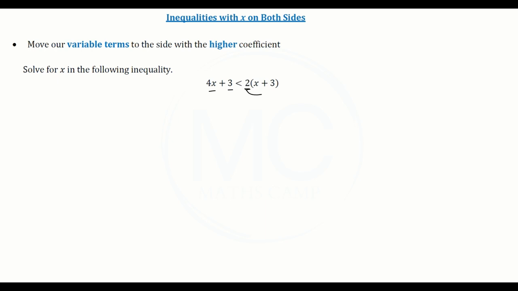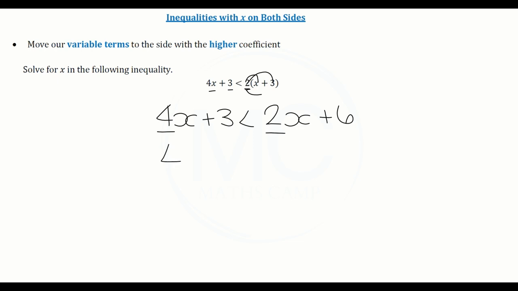So on the left, we have 4x plus 3 is smaller than 2 multiplied by x, which is 2x, and 2 multiplied by 3 is positive 6. Now we have a coefficient of 4 and a coefficient of 2. 4 is the higher value, so we can leave 4x where it is.